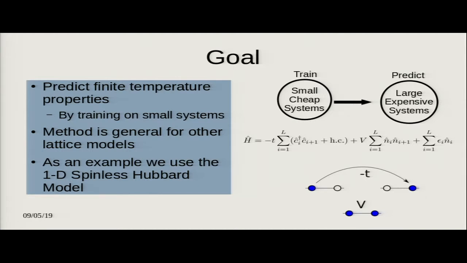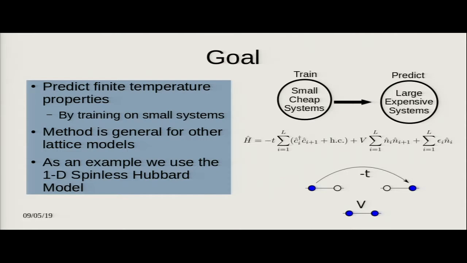But as an example, we're looking at the spinless Hubbard model. We've chosen this because the basis scales better than a lot of other lattice models. It is described by this Hamiltonian here. The first term is a kinetic, or hopping, term.